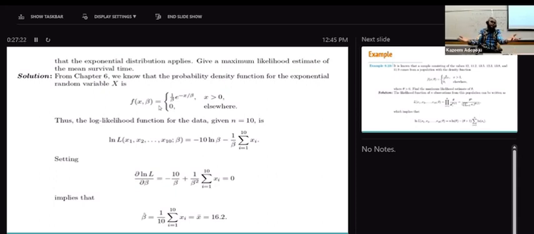But how are we going to know the value of the parameter? We can use the maximum likelihood. Now, this is the exponential distribution where f of x given beta equals 1 over beta, exponential raised to power minus x over beta. When you take a look at this, I want to get the likelihood function. Do you understand how I got that likelihood function?